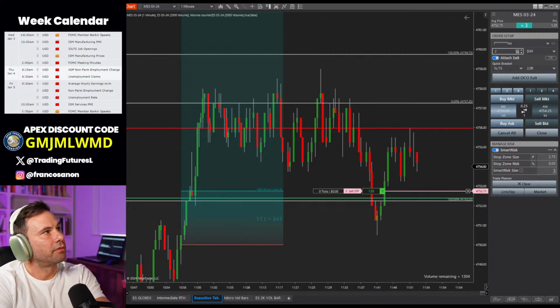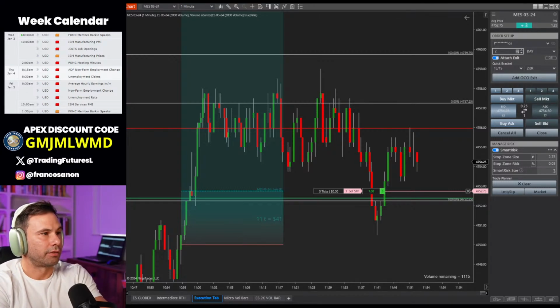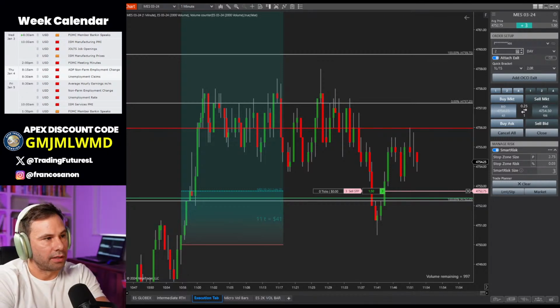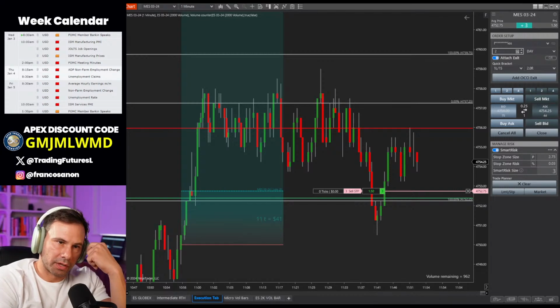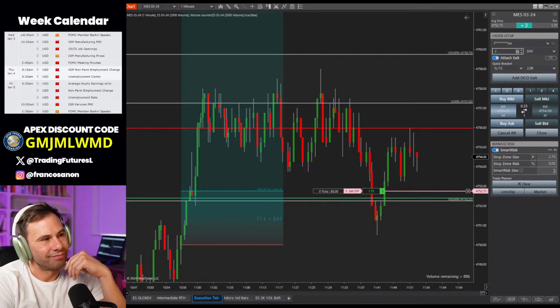But like I said, 56 is a very important number. Not because I wanted the short, because internals were not looking good for the short. That's why I took the long. But it's kind of weird. Advanced decline is very bullish. I mean, not very bullish. Let me correct myself. It's sideways, but at minus 1300, kind of negative.